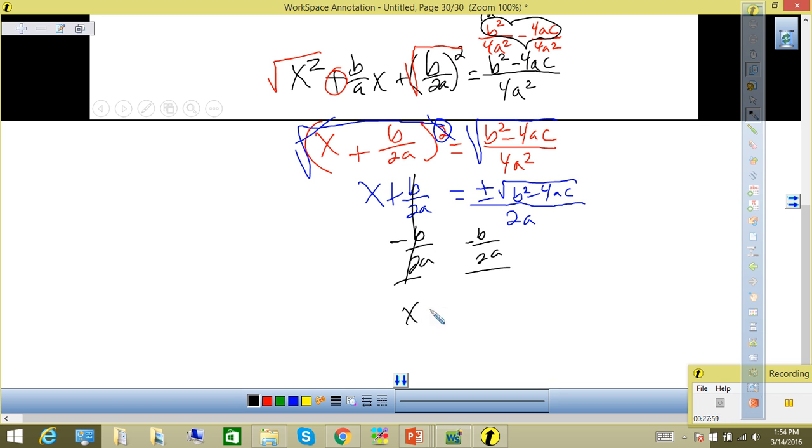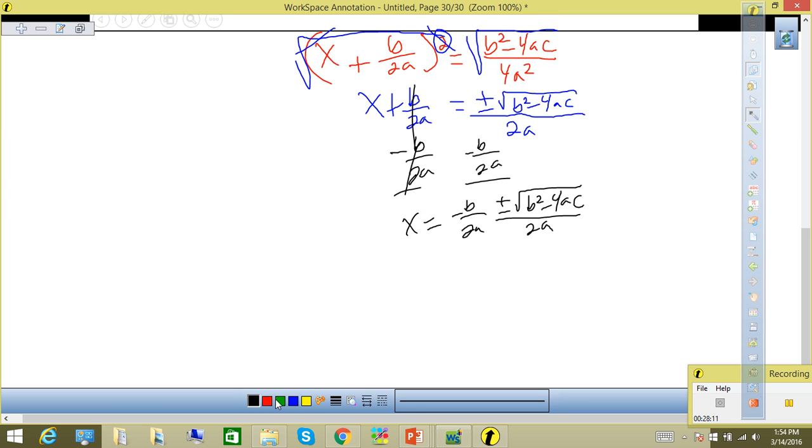We end up with x equals negative b over 2a. Then the second fraction is plus or minus the square root of b squared minus 4ac over 2a. And then what do we do, Bailey? Common denominator. So therefore, what do we end up with?